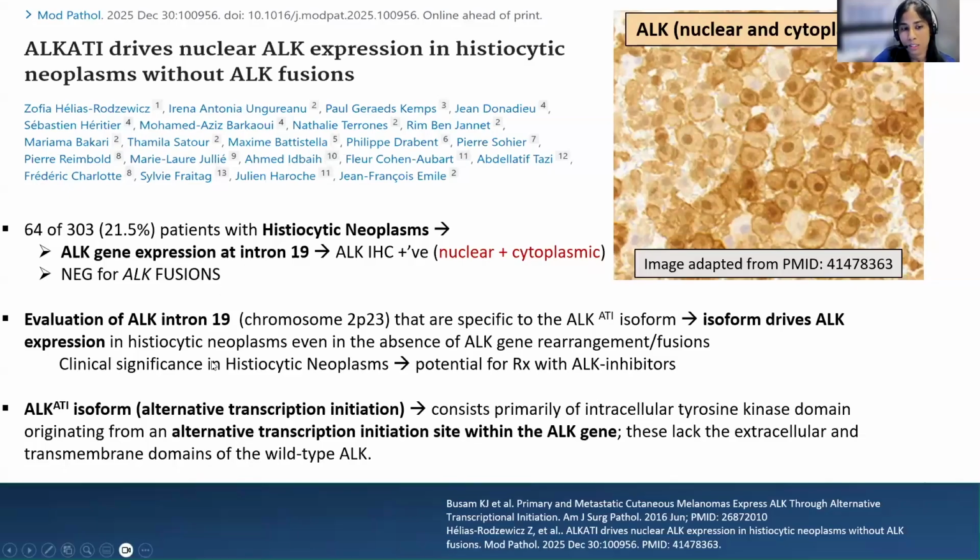So hence, this paper is really important to understand the spectrum of ALK immunohistochemistry in diagnostics. In this particular case, they were established cases of histiocytic neoplasms, and you had an RNA expression showing an abnormal ALK ATI isoform, suggestive of some alternative mechanism of ALK upregulation by immunohistochemistry, and there could be potential for treatment with ALK inhibitors in histiocytic neoplasm with ALK expression, but without ALK fusions.